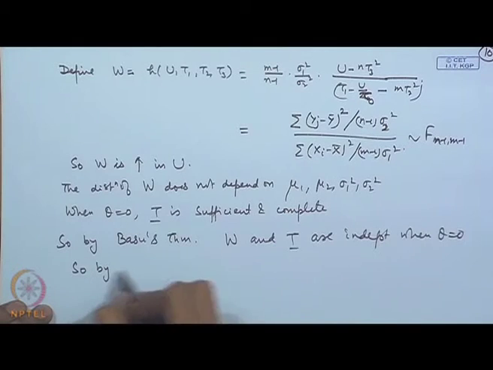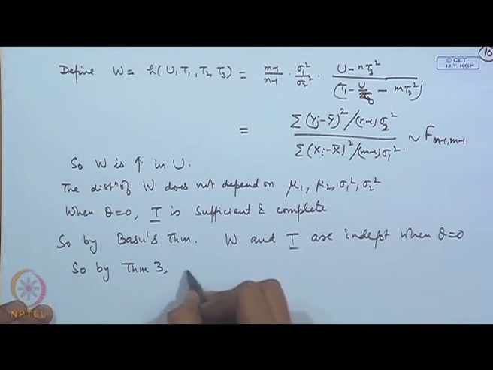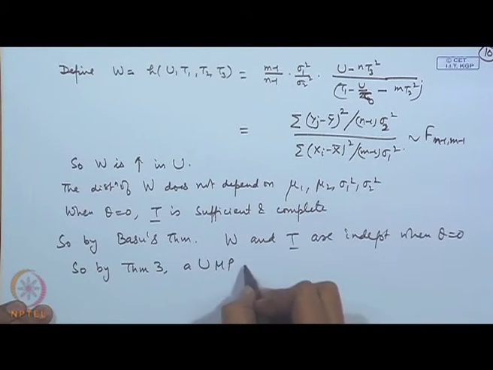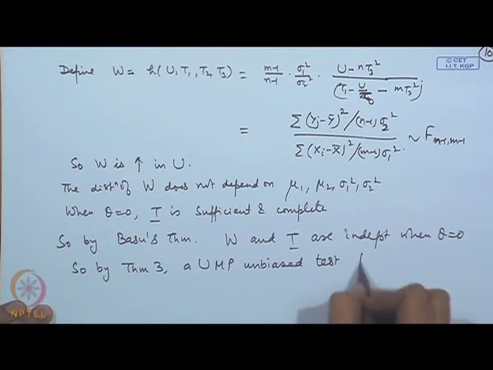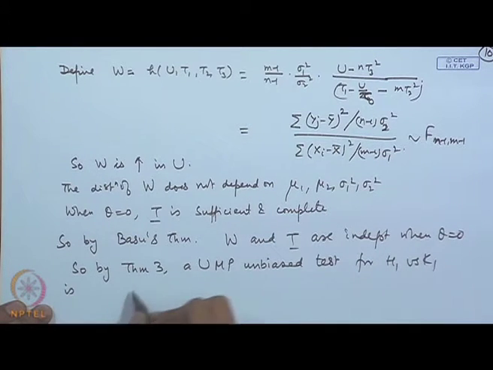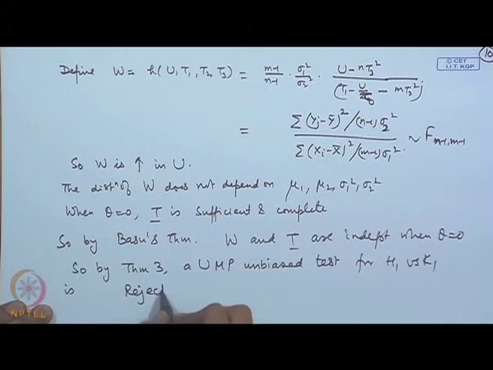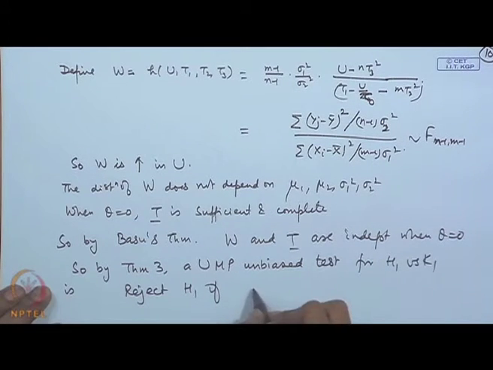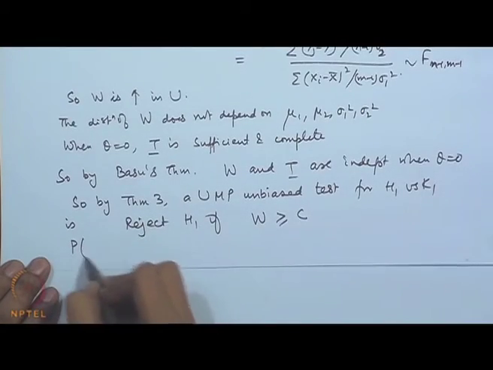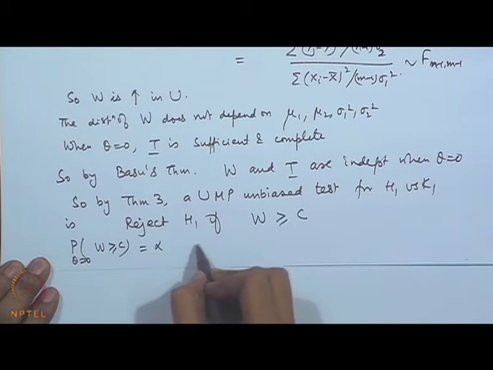So, by theorem 3, a UMP unbiased test for H 1 versus K 1 is: reject H 1 if W is greater than or equal to C, where probability of W greater than or equal to C when theta is equal to 0 is equal to alpha.